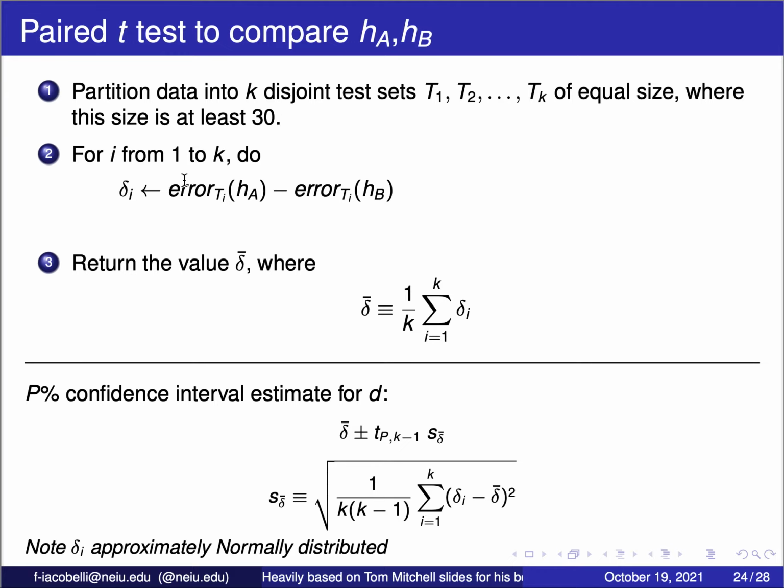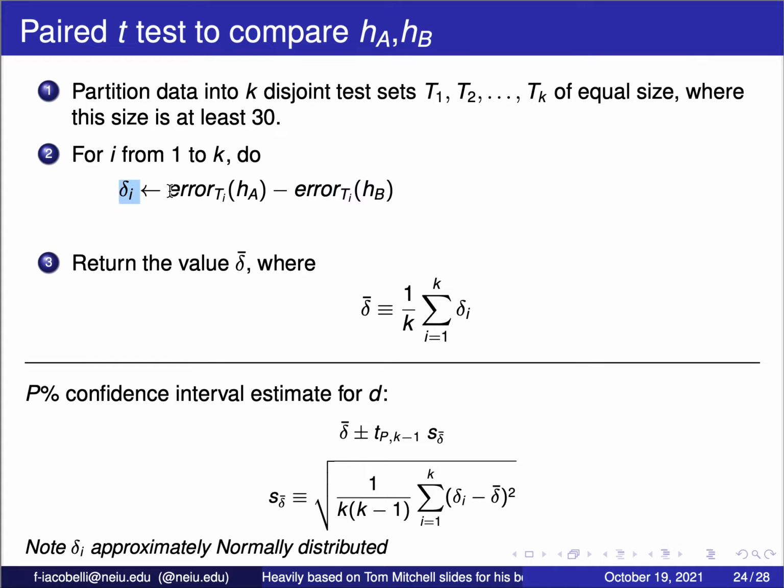Now, for each one of these test sets i, I'm going to go from 1 to k, doing the following. I'm going to get the error of learner A on test set Ti minus the error of learner B, or hypothesis B, on test set Ti. For the first one, I'm going to use the first partition: the error of the first learner on the first partition minus the error of the second learner on the first partition, and that's going to be delta 1.